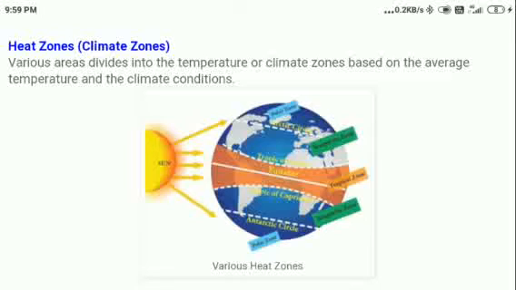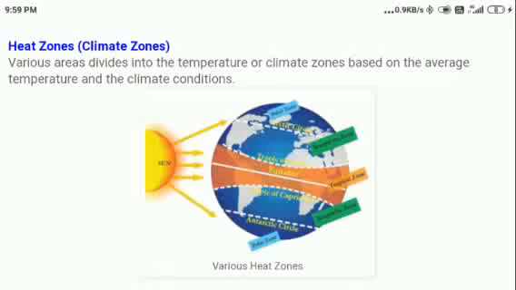That is why this area receives maximum heat from the sun, and that is why it remains hot and humid. When we move towards the north side or the south side, you can see the angular rays coming from the sun, also traveling long distances, not falling directly on the areas. That is why these areas receive less heat as compared to the equator.